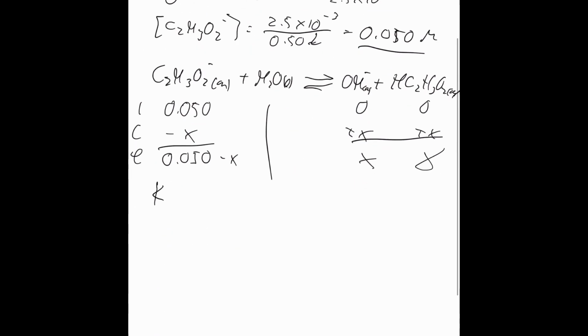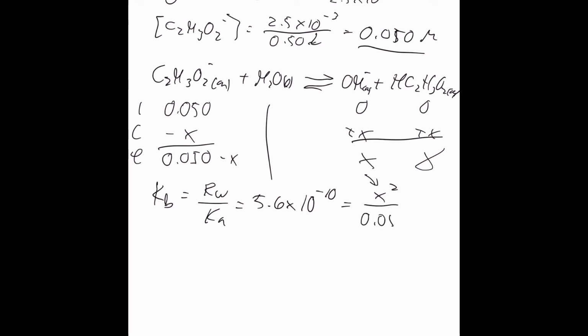So we just need to know KB, which is going to be KW divided by KA, where KW is 1 times 10 to the minus 14. If we do that math, it's 5.6 times 10 to the minus 10. And then for our two products, we have x squared over 0.050.